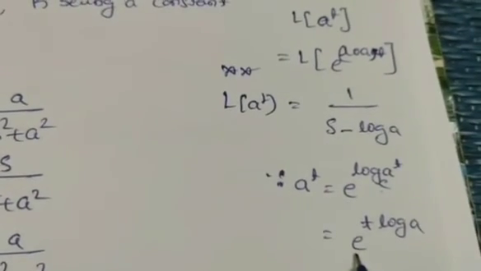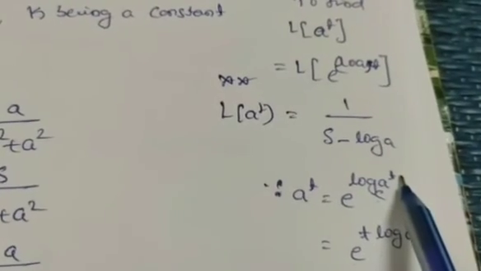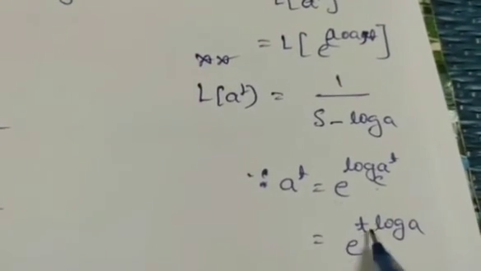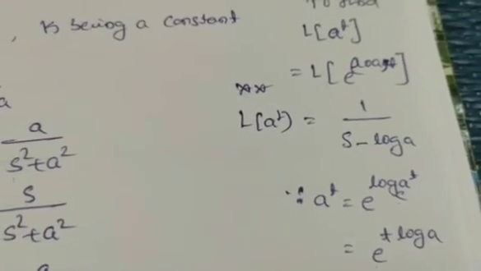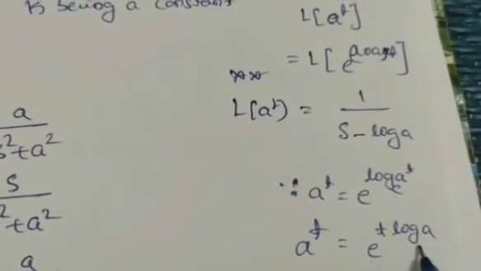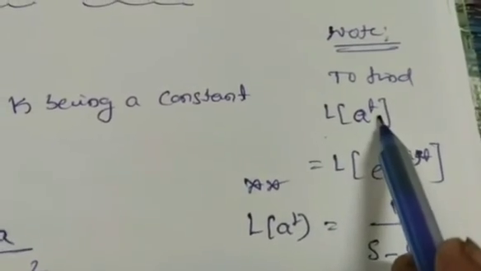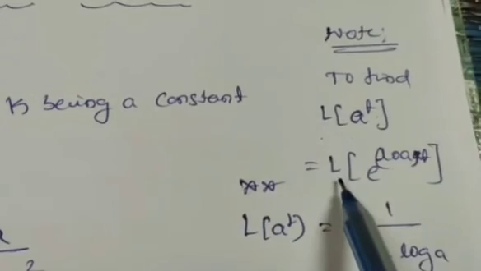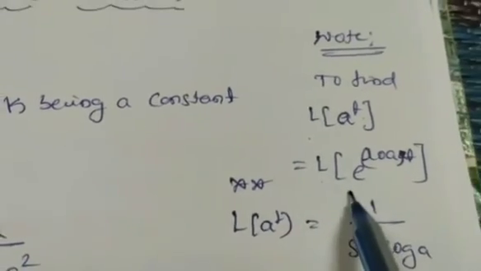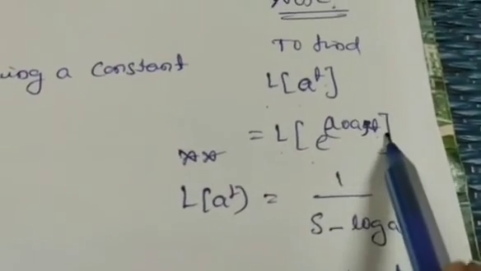Again, it is in the form of log m raised to n, and log m raised to n is n log m. So it is e raised to t log a. Therefore, a to the power of t can also be written as e raised to t log a. So to find the Laplace transform of a raised to t, we write it in the form of e raised to log a into t.